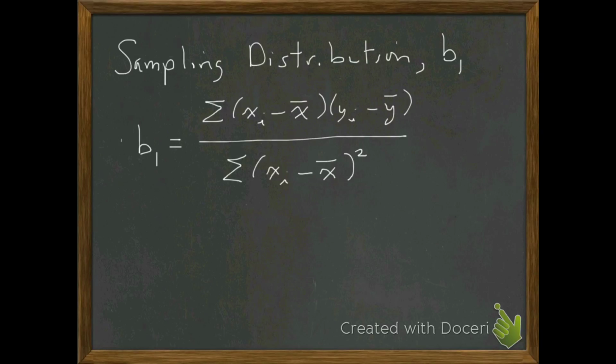And these things come from a normal distribution. And our mean, from the expected value of B1 equal to beta 1, so our mean will be beta 1.